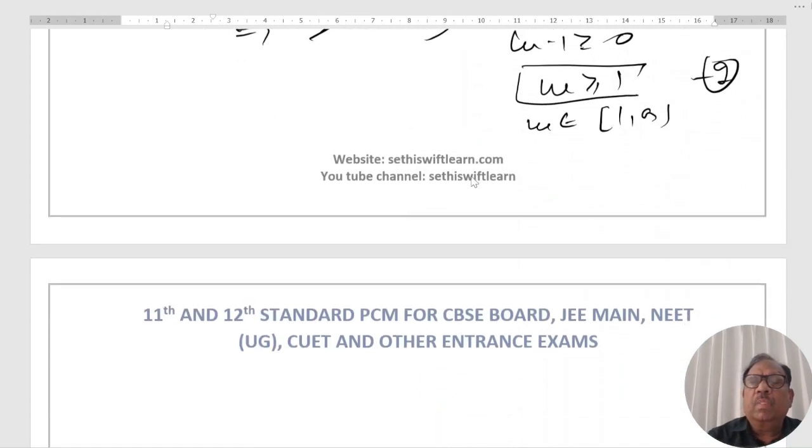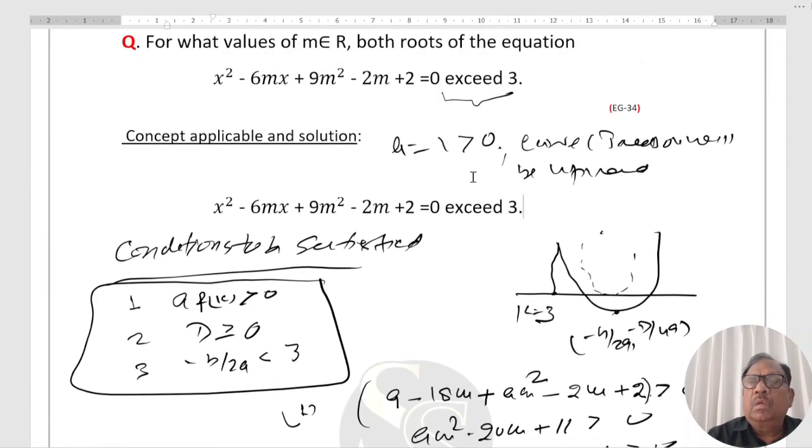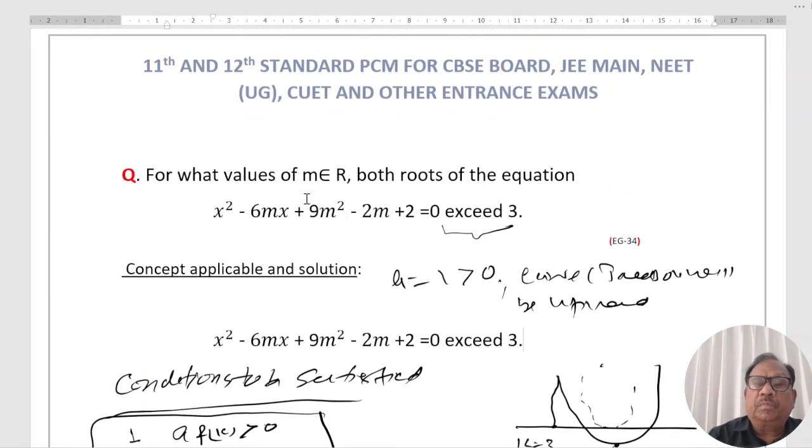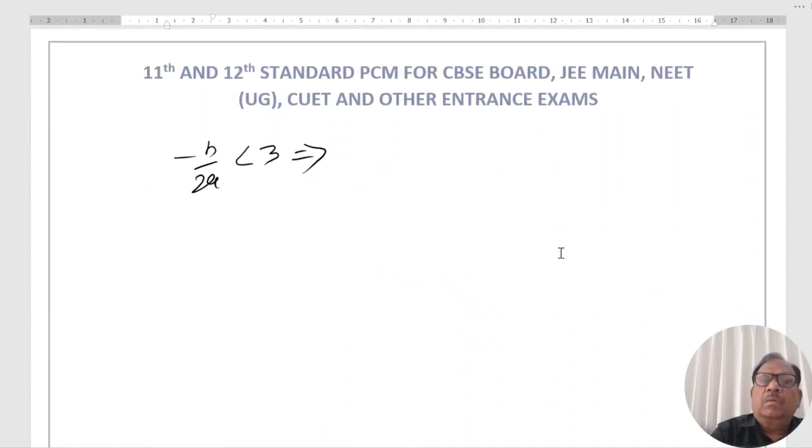And third one is minus b upon 2 should be less than 3. Minus b upon 2, minus b, minus 6m, minus 6m divided by 2 into 1 less than 3.